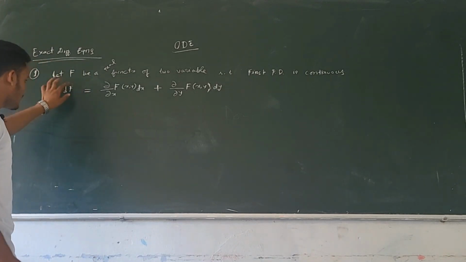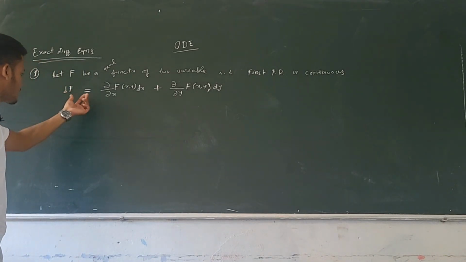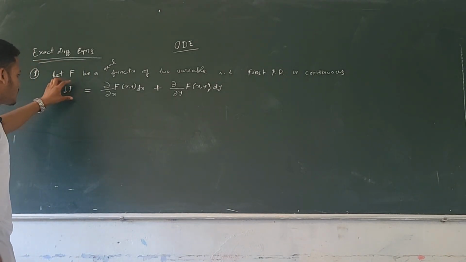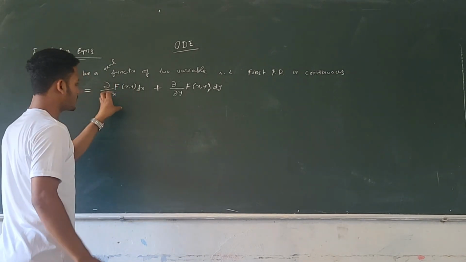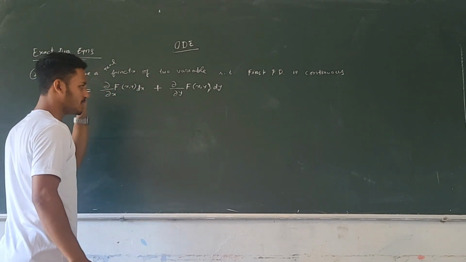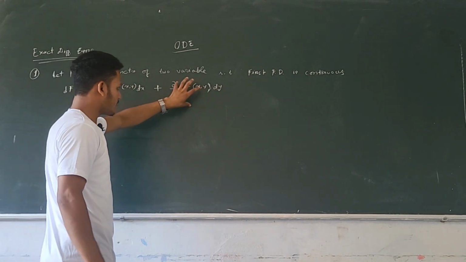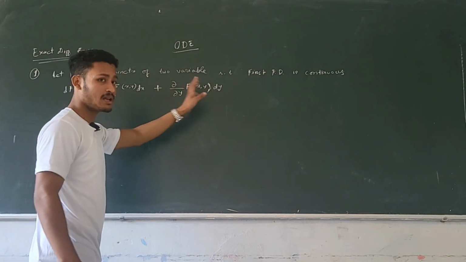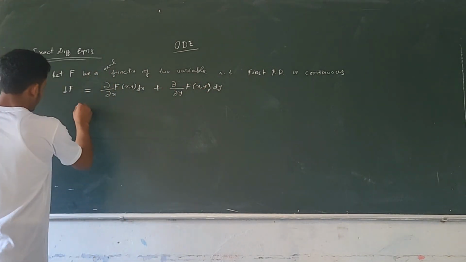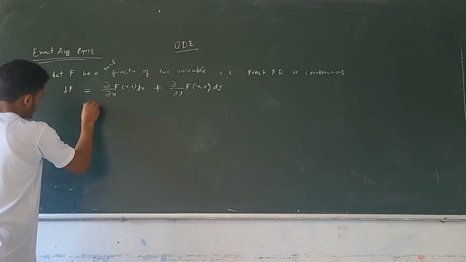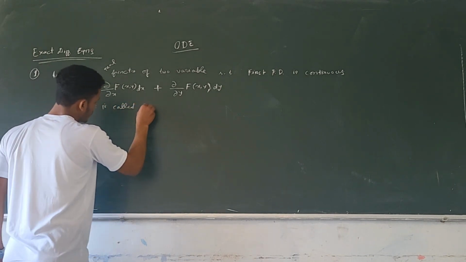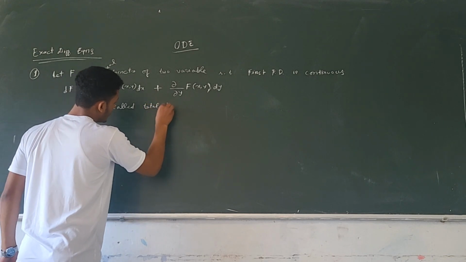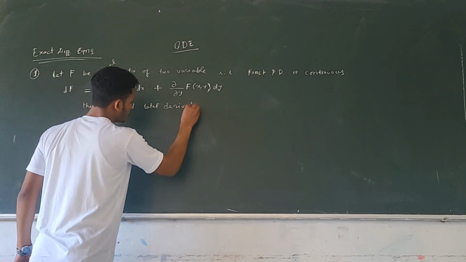Then the total derivative is defined like this: df is equal to the first partial derivative with respect to x multiplied by dx, plus the first partial derivative with respect to y multiplied by dy. So this is called the total derivative.